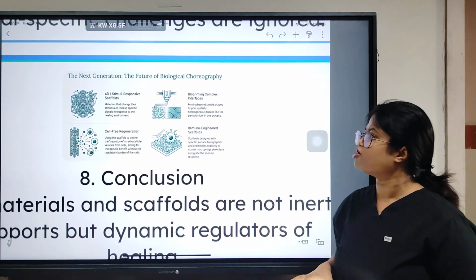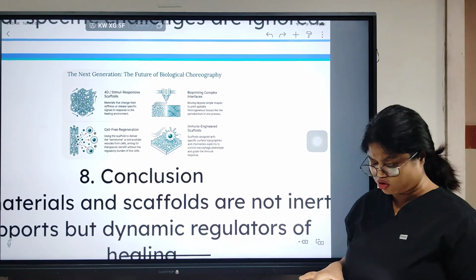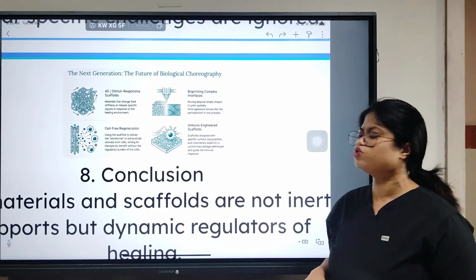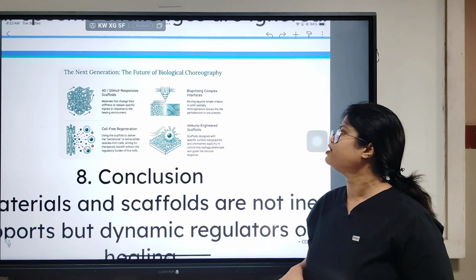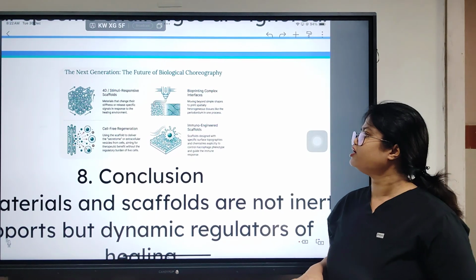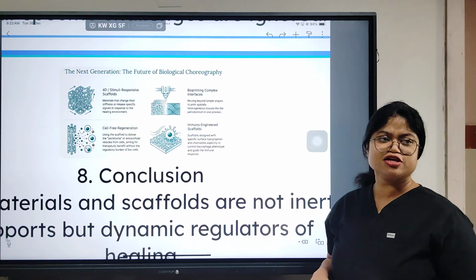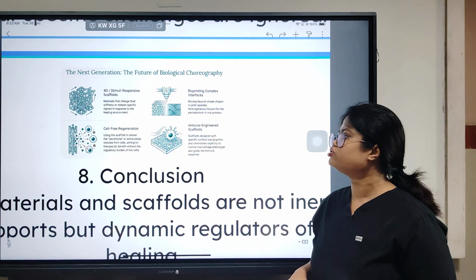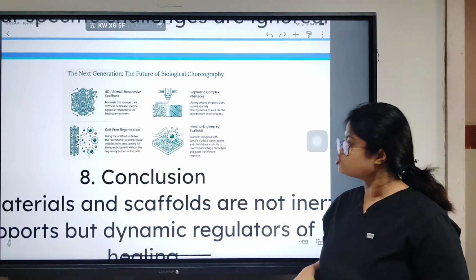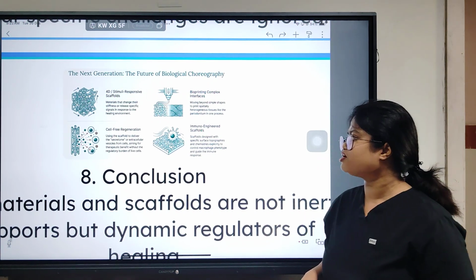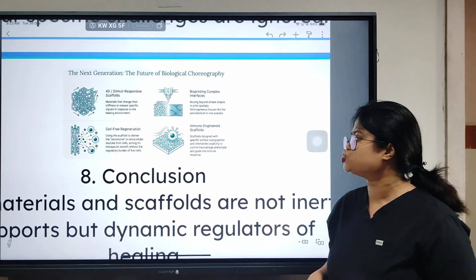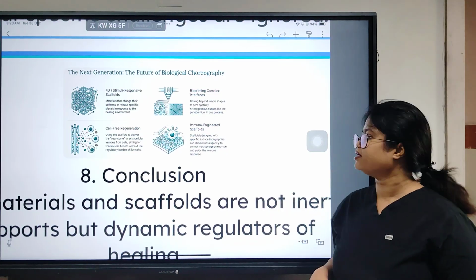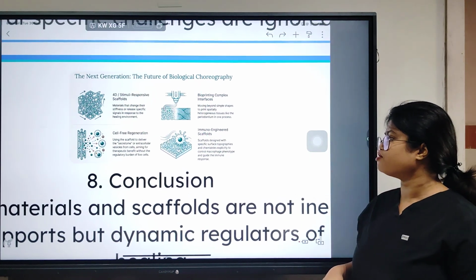In this area, the development of 4D stimuli-responsive scaffolds that act as a layered system which will release specific signals in response to the healing environment, the advent of bioprinting complex interfaces, not only printing shapes but printing spatially heterogeneous tissues like the periodontium in one process, and also cell-free regeneration, where scaffolds are developed to deliver the secretome and exosomes or extracellular vesicles from cells, aiming for therapeutic benefit in general, and immune engineered scaffolds.